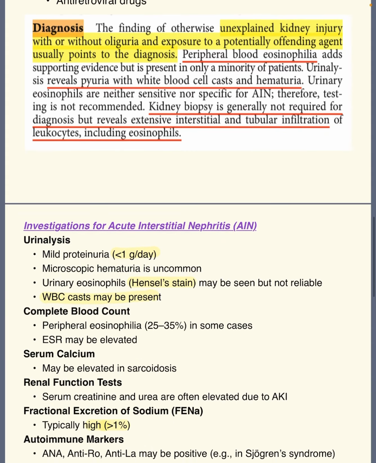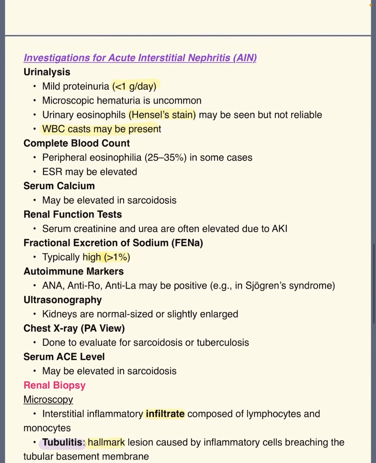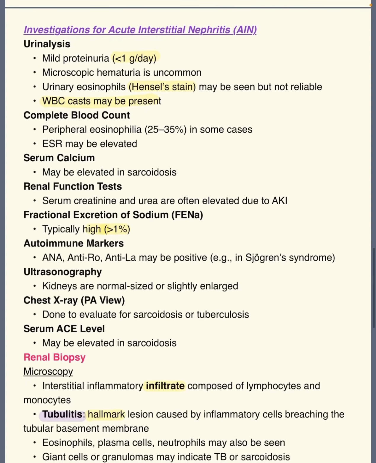Investigations of acute interstitial nephritis. Urine analysis: there is mild proteinuria, usually less than 1 gram per day, and sterile pyuria. Urine for eosinophils is found with Hansel stain, and WBC casts may be present.